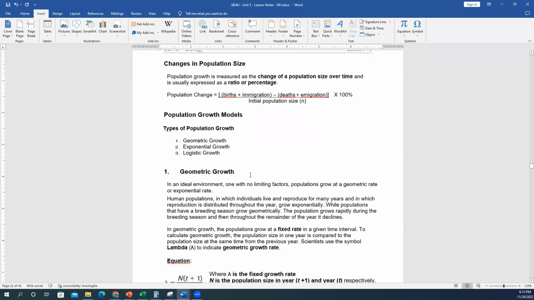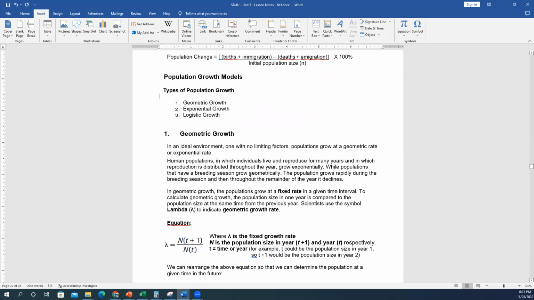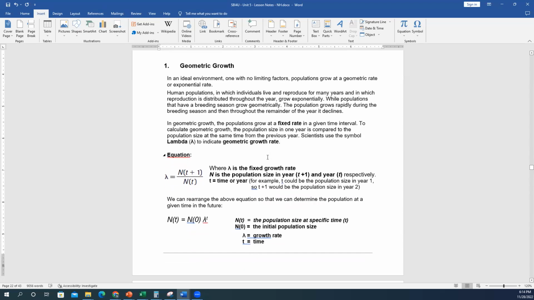And there are, as we said, three types of population growth models that we can consider: geometric, exponential, and logistic growth. We'll go through them one by one to make sure we all understand what they mean and how to use them. So geometric growth occurs where there is an ideal environment with no limiting factors, and in this case, the population can grow at a geometric rate, or sometimes even an exponential rate.